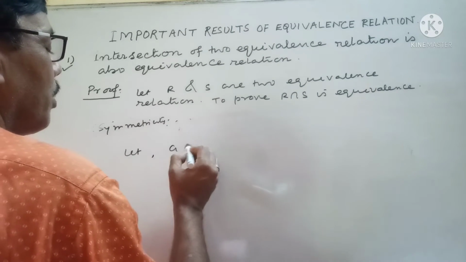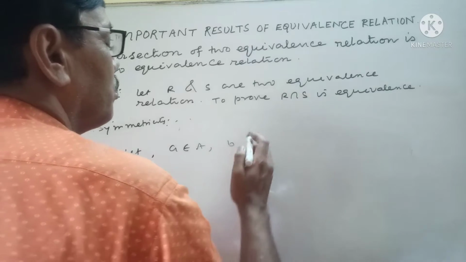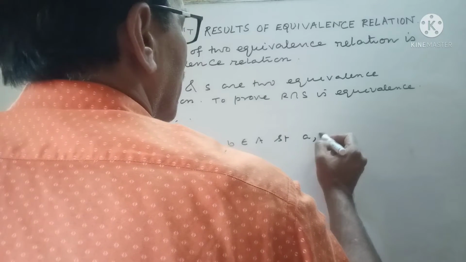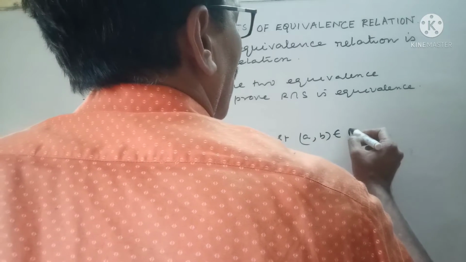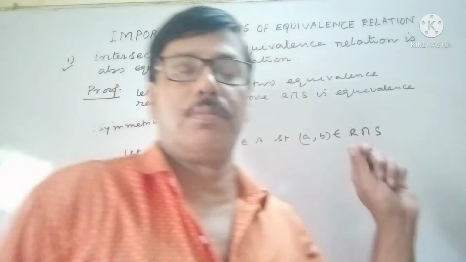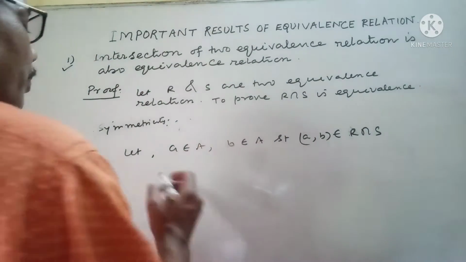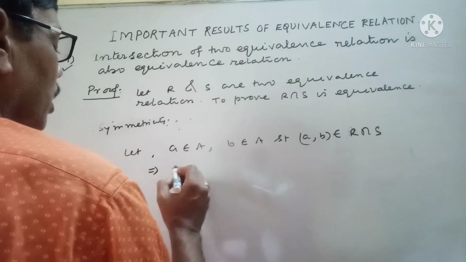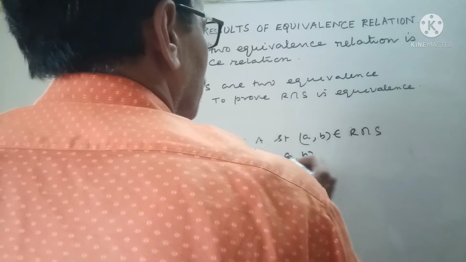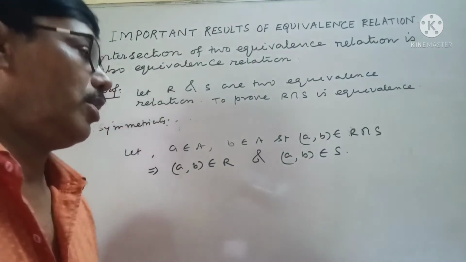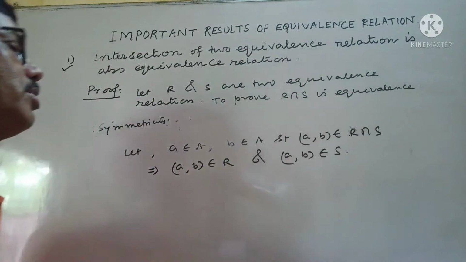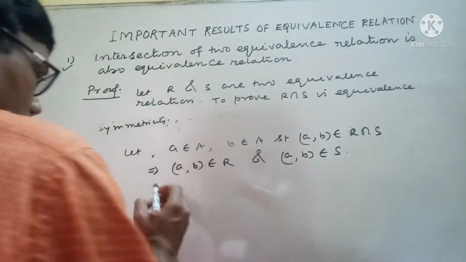Let a belongs to A, b belongs to A, such that (a, b) belongs to R intersection S. The ordered pair (a, b) belongs to R intersection S. So this implies, from our concept of sets, (a, b) belongs to R and (a, b) belongs to S, since intersection means and.